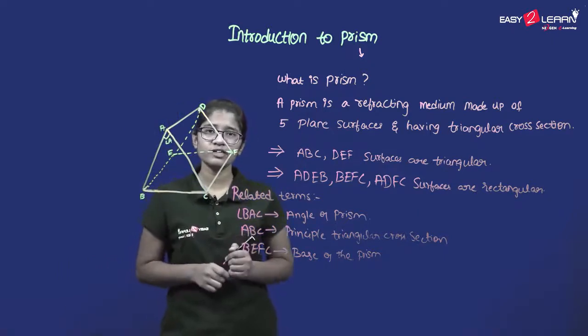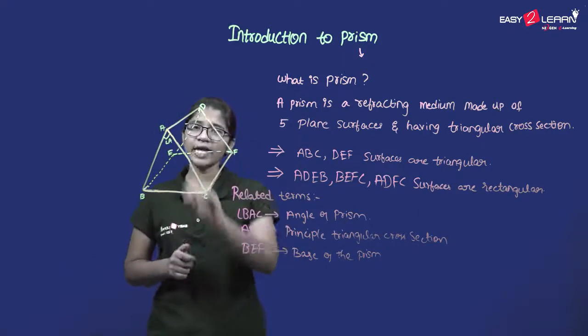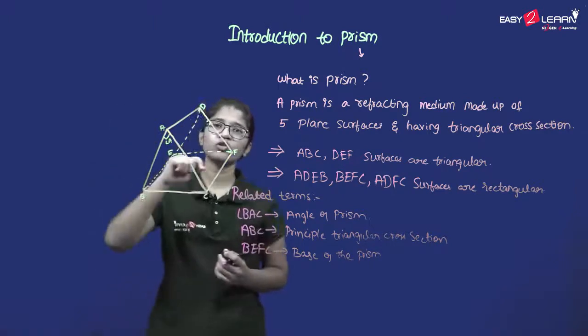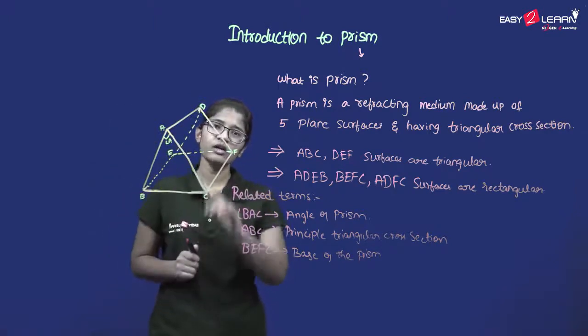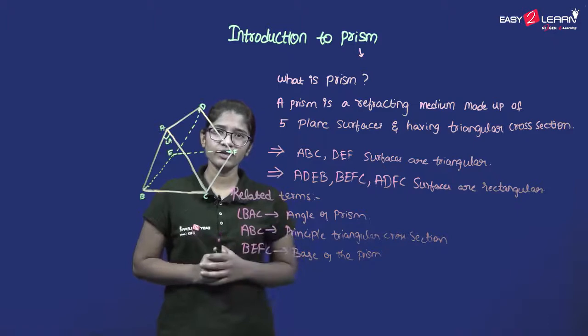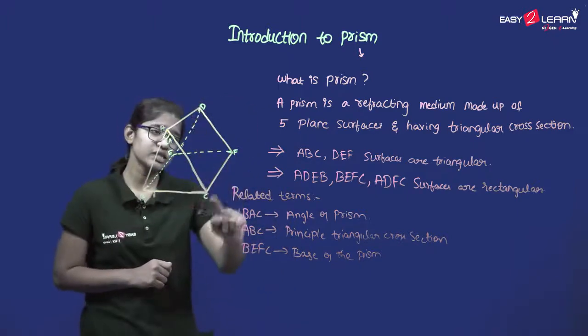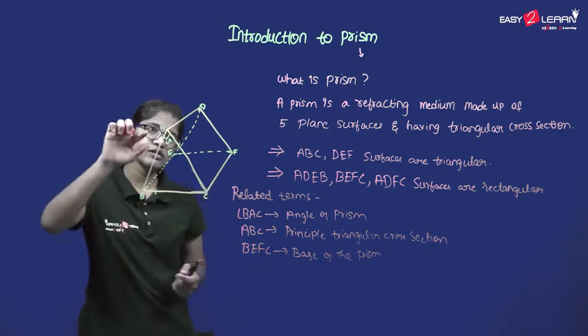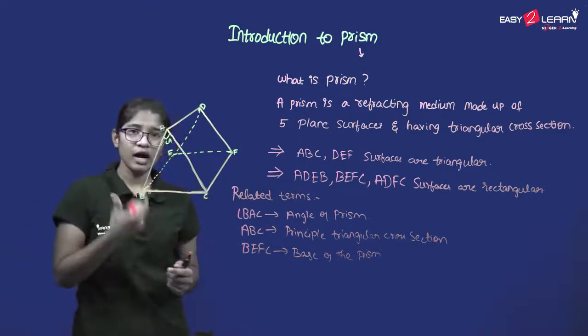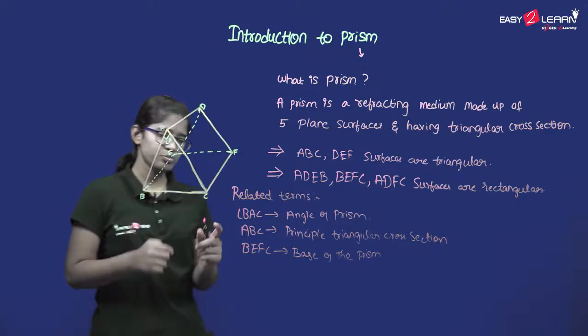Why are we calling it a refracting surface? Whenever the light is incident on this surface, it will bend the light, and then we will be getting the spectrum. So this ADCF and also this ADEB are refracting surfaces in this prism.